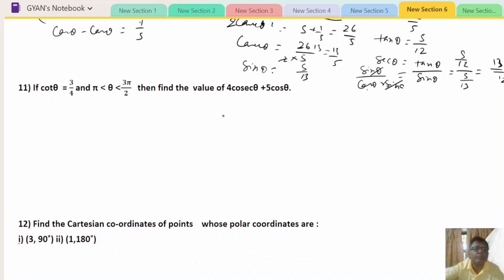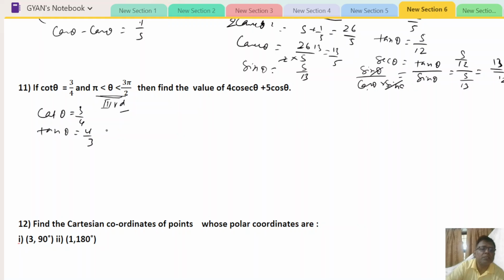Now come to question number 11. It is given that theta is in the third quadrant, and cot theta is equal to 3 by 4, so tan theta will be 4 by 3. Now you have to find cosec theta.